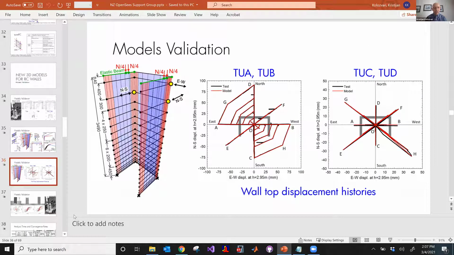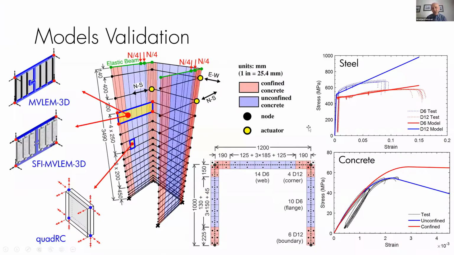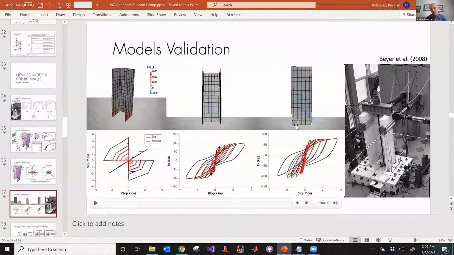For the quad RC, the mesh is more conceptual, but the elements were actually what you can see in this video over here. This is fairly large. We have another model with smaller mesh size, half of this, so elements will be half of the size. Okay. Thank you very much.